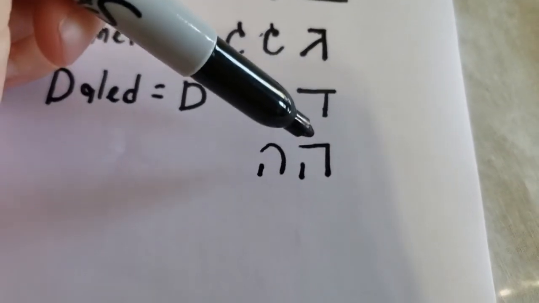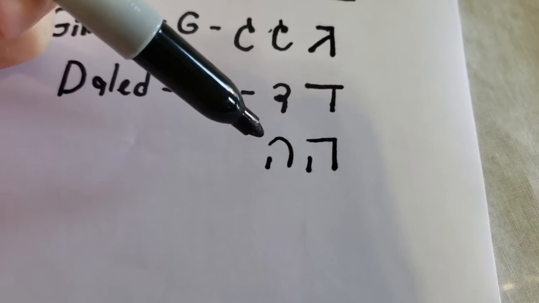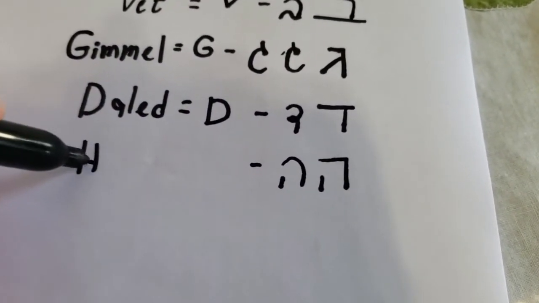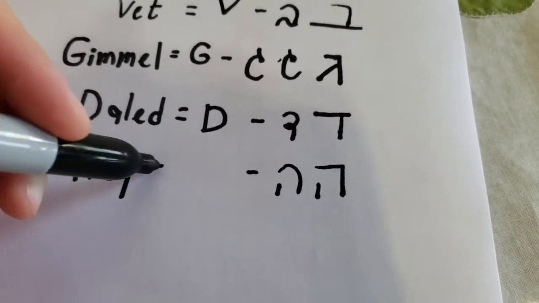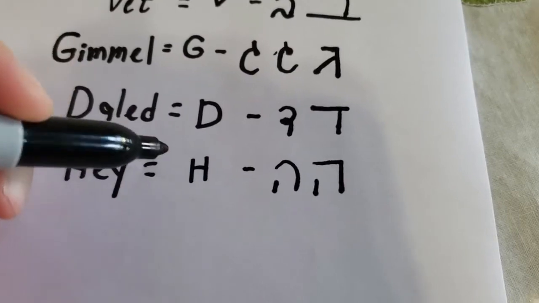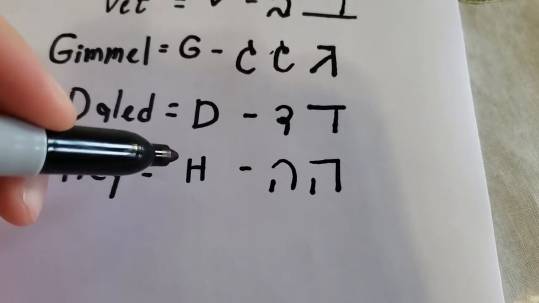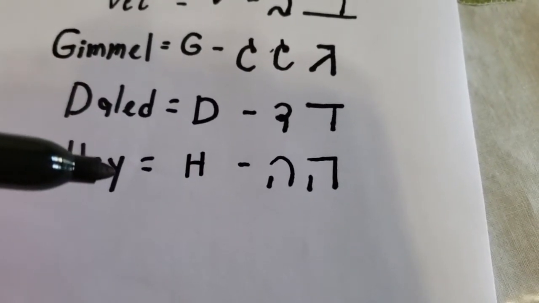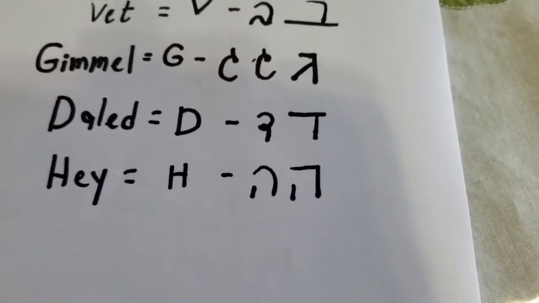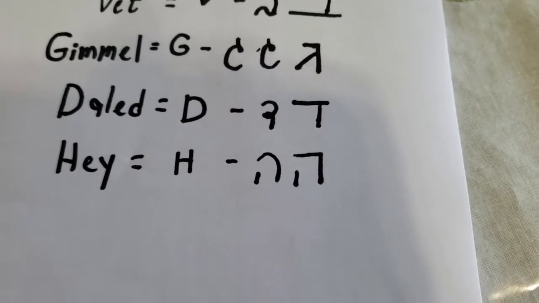It's very similar to this version, but more curved. So this is Hey. The sound that this letter makes is H, with air coming out of your mouth, like hooray.